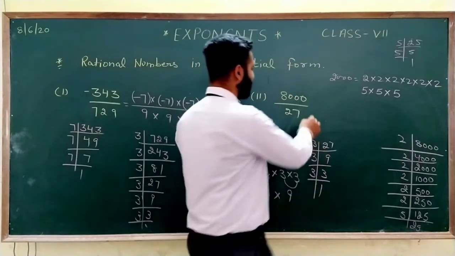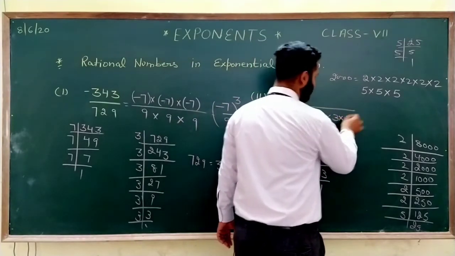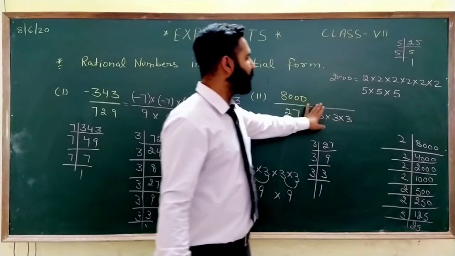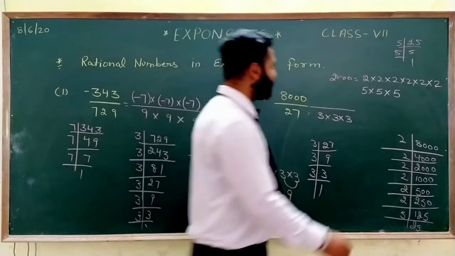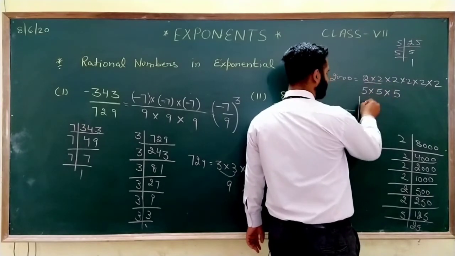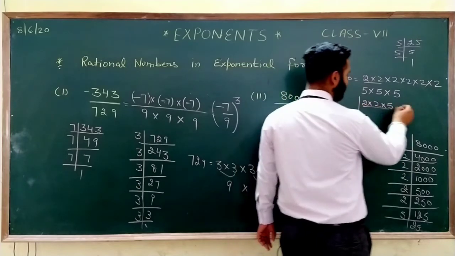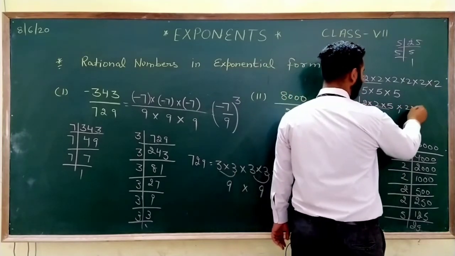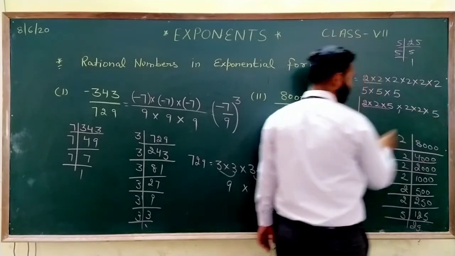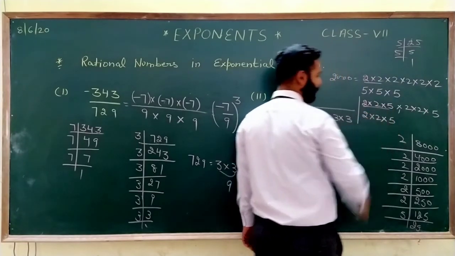So, how many factors do you want? In the denominator you got 3 factors. So we will try to make 3 in the numerator also. What you will do? Make pairs: 2 multiplied by 2 multiplied by 5, multiplied by 2 multiplied by 2 multiplied by 5, and second, 2 multiplied by 2 multiplied by 5.